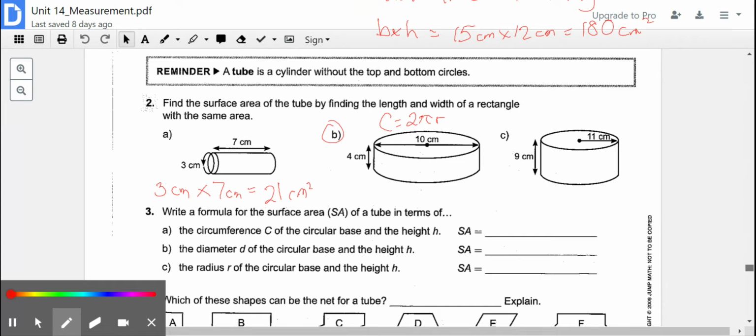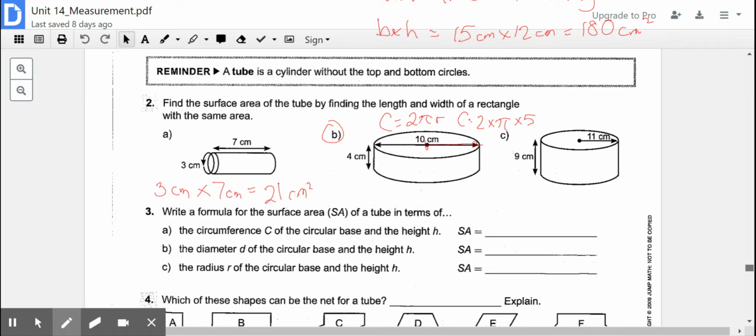So when I take a look at B, I can see that if the diameter is 10, the radius, which is just half the diameter, must be 5. So circumference is going to be 2 times pi times 5.